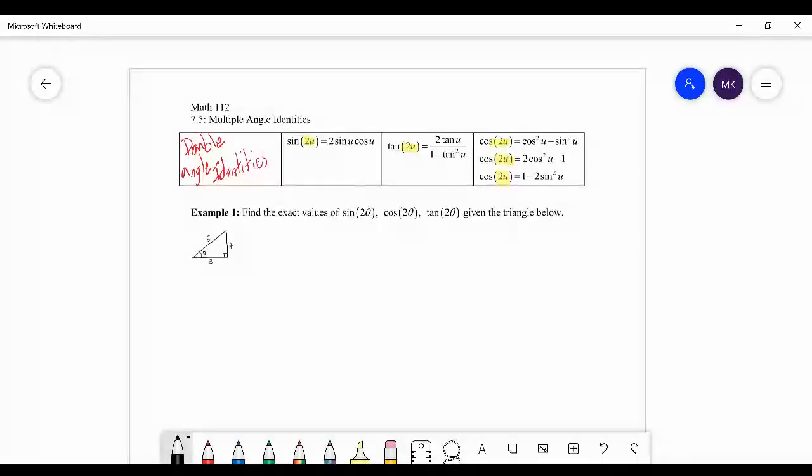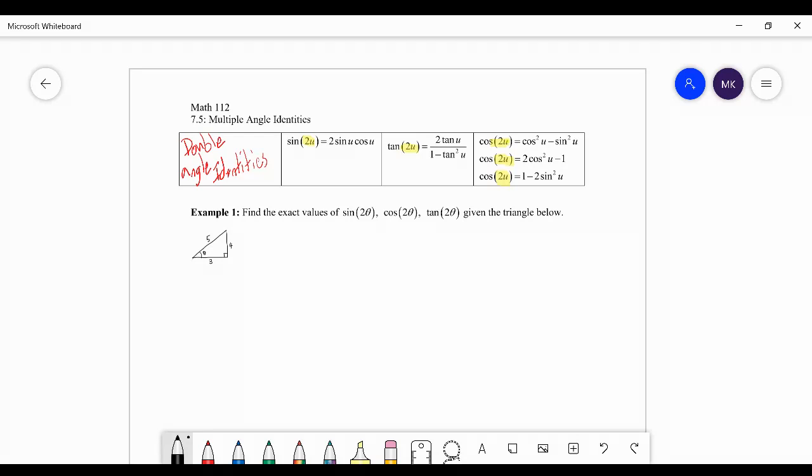So sine of u plus u. Then using the angle sum identity, we were able to create this and get 2 sine u cosine u. Tangent of 2u is very simple. And it also uses just the same idea of angle sum, and we get this.